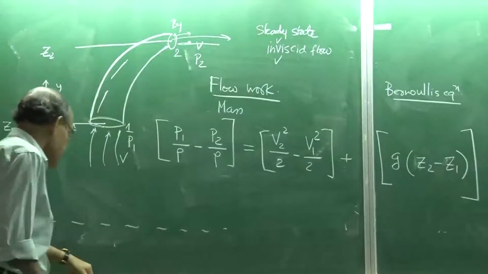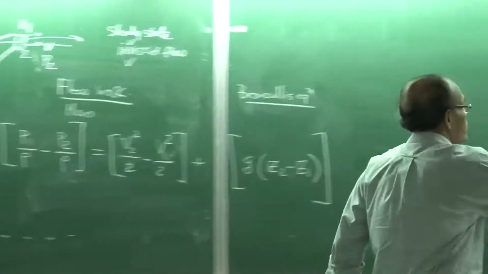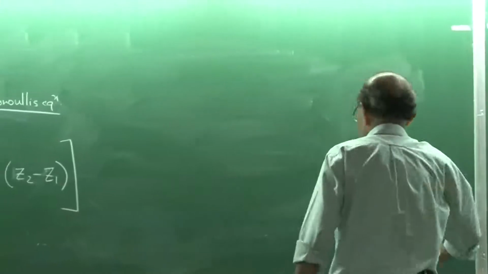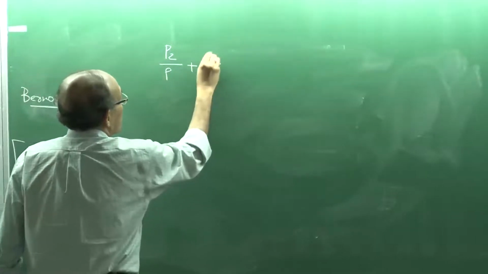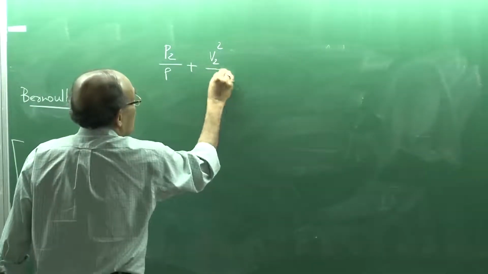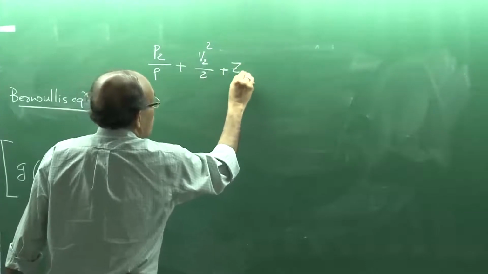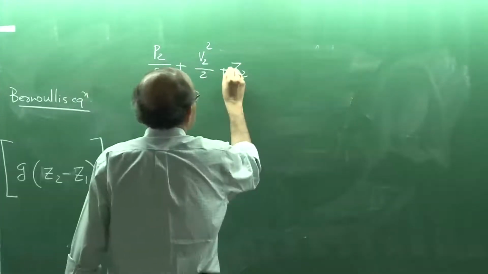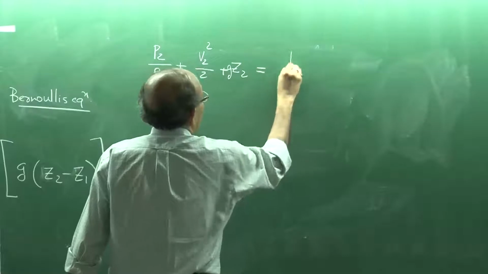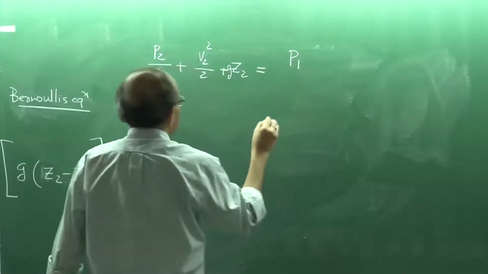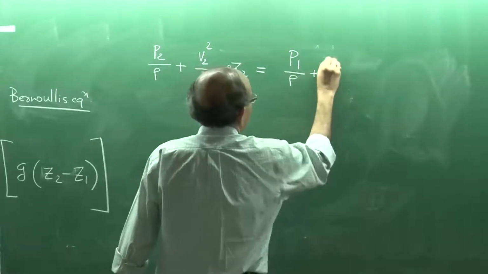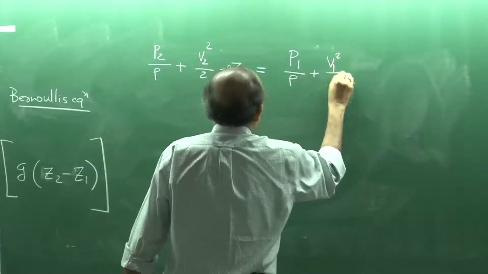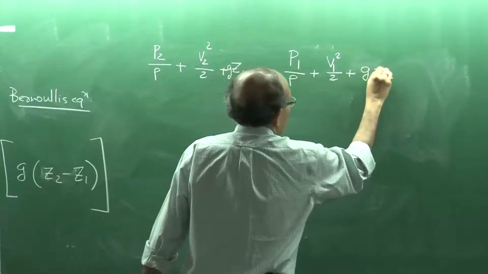Or we can say that if we rearrange the terms, then P2 by rho plus V2 square by 2 plus g Z2 is equal to P1 by rho plus V1 square by 2 plus g Z1.